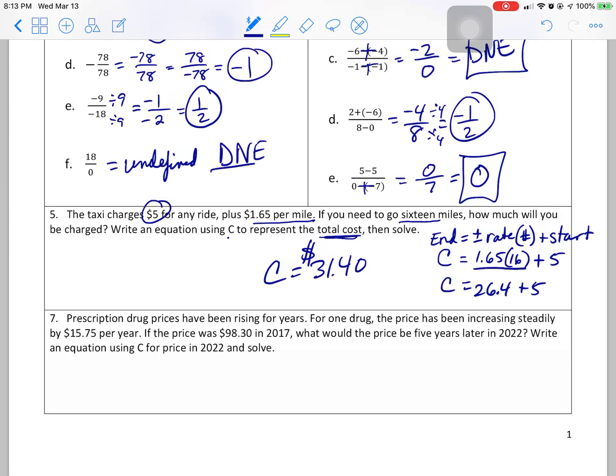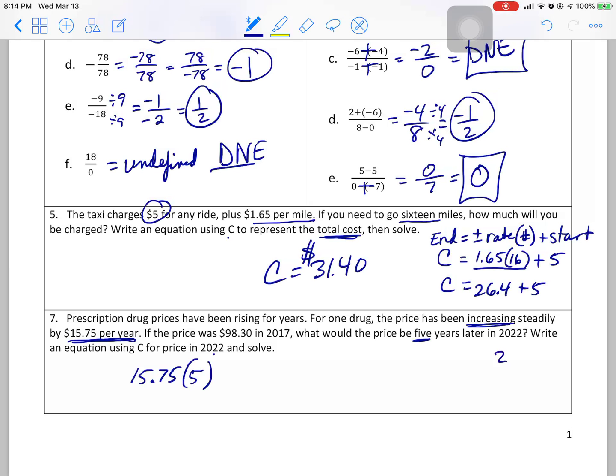The other one says drug prices have been raising for years. One drug price increases steadily by this per year. Another rate problem. So in fact, that's the rate. It increases per year. It says if the price was that in that year, what would it be 5 years later in that year?